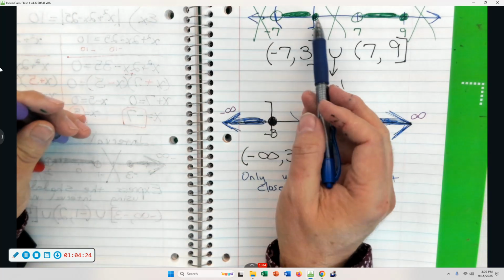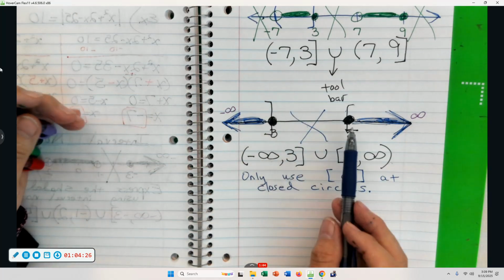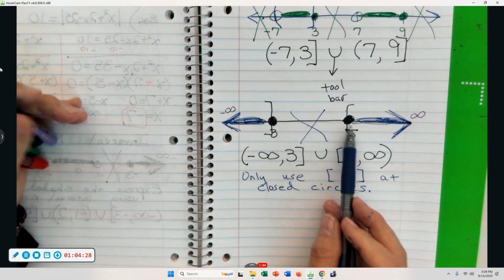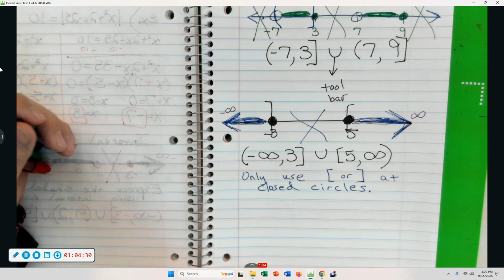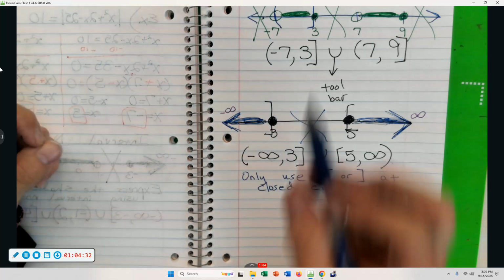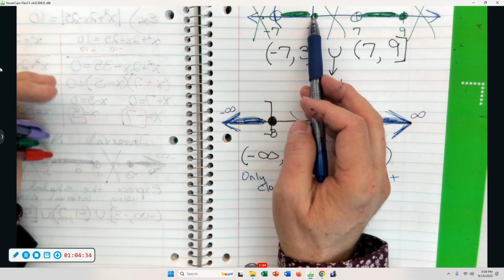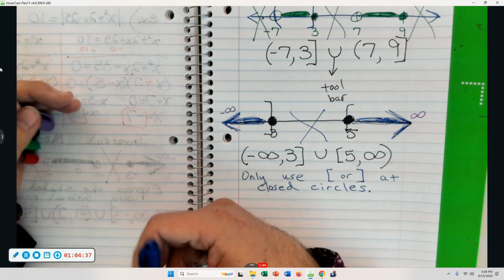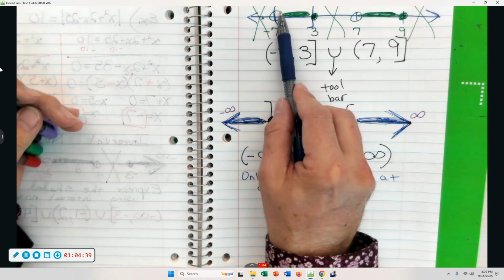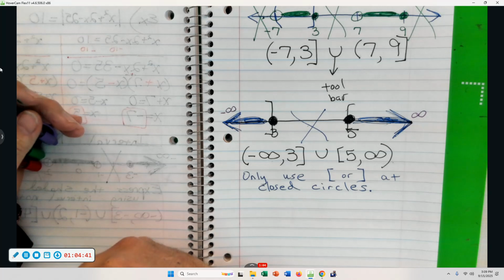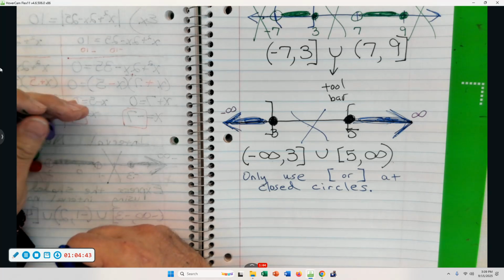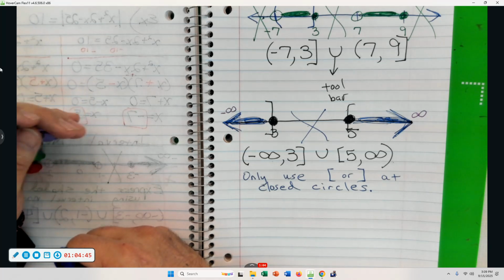When I'm labeling the cut points the next time, I'll be labeling them as open and closed while I'm doing that. But if you're using the brackets and the parentheses on the number line, you won't know, will the bracket face the left or the right? Any questions there?